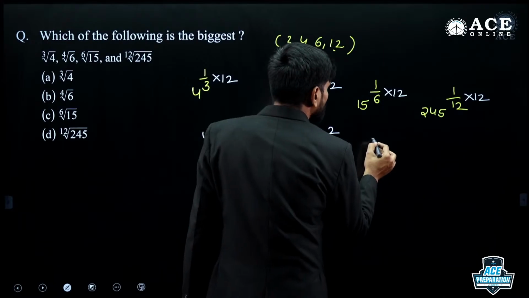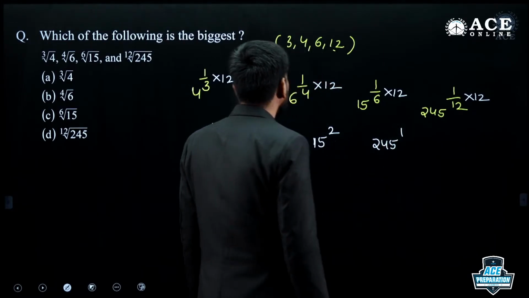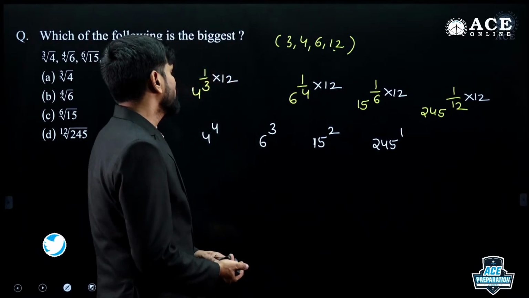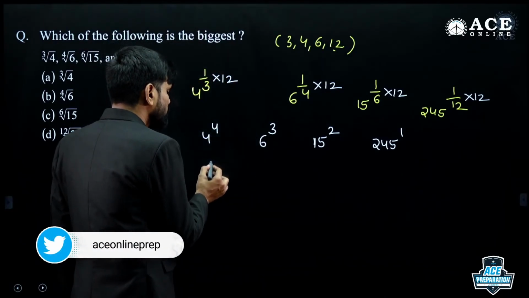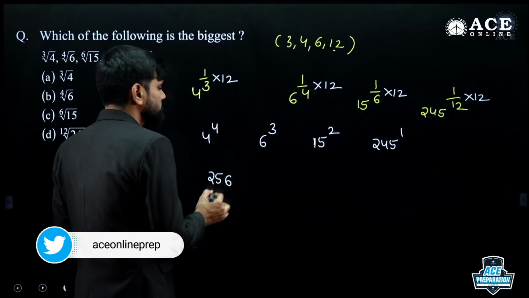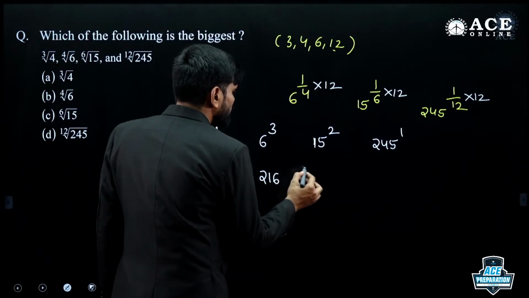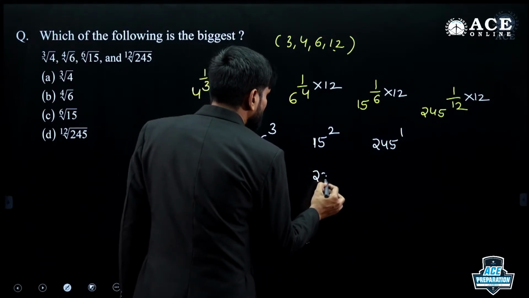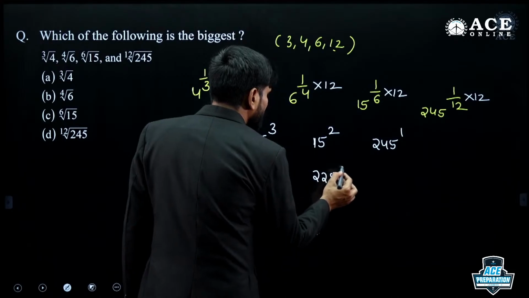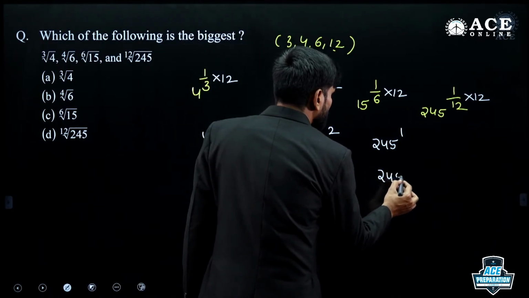Next one, 245 to the power of 1. Now 4 power 4 is nothing but 2 power 8, which is 256. 6 cube is 216. 15 square will give you 225. 245 power 1 is nothing but 245 only.